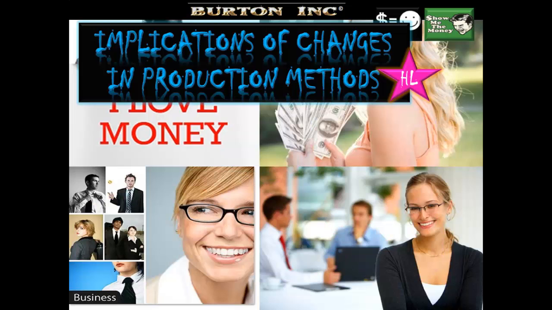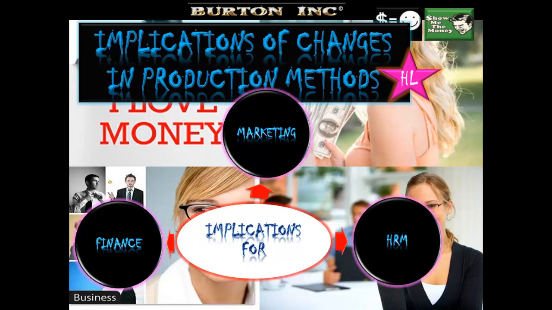Let's just run through a few examples here. Let's have a look, perhaps moving from job to batch production. The finance: the cost of equipment needed to handle large numbers in each batch, and additional working capital needed to finance high levels of stocks and work in progress.